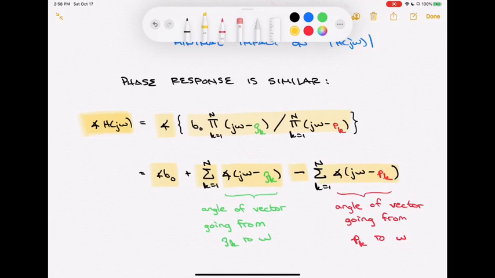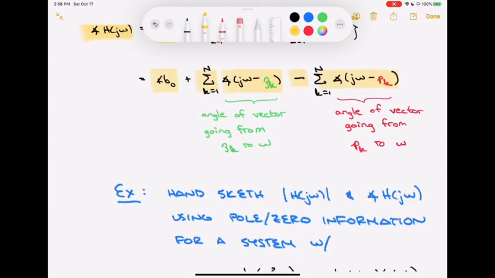It's really just a very simple extension of what we already saw in detail for the magnitude response. What I think will be helpful is to go through a detailed example where we can do both magnitude and phase response. In the end, it's very simple to estimate either one. For magnitude response, we get out our ruler and measure a bunch of distances. For phase response, we have to measure some angles, but then we just add or subtract those angles.